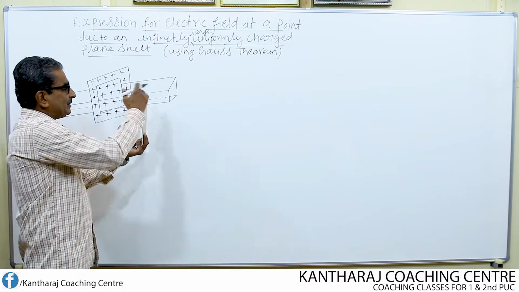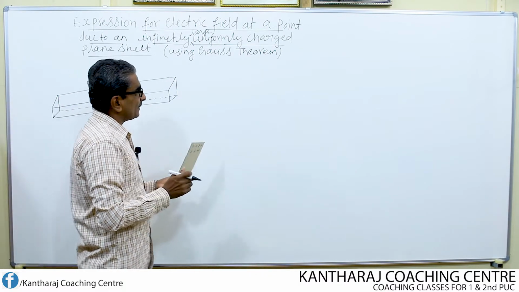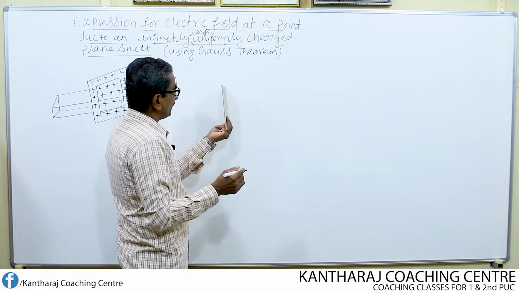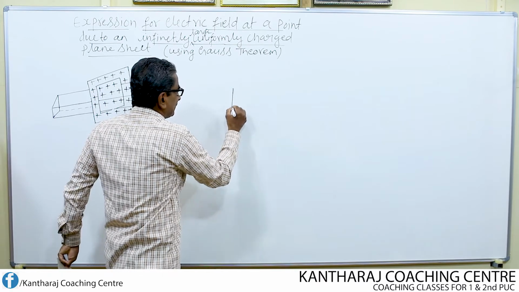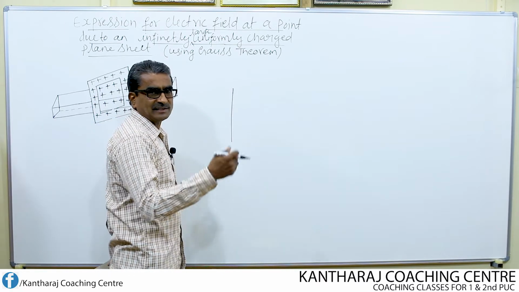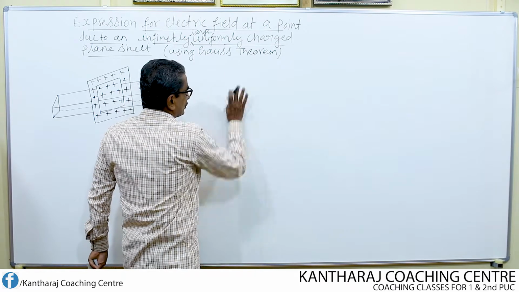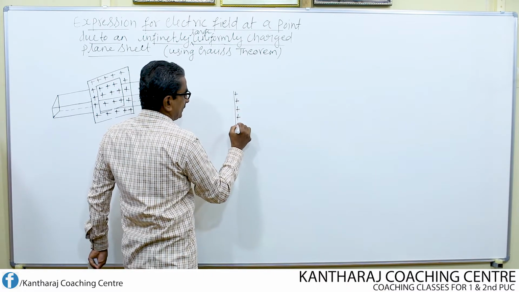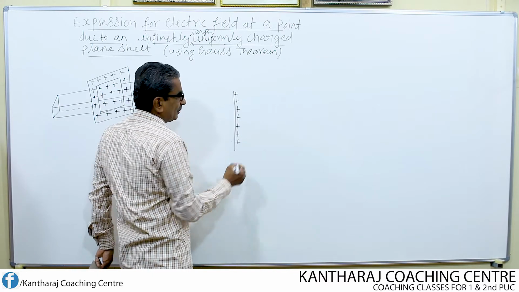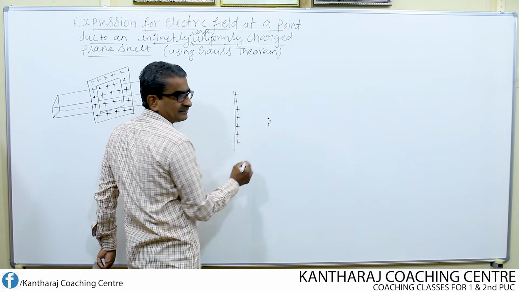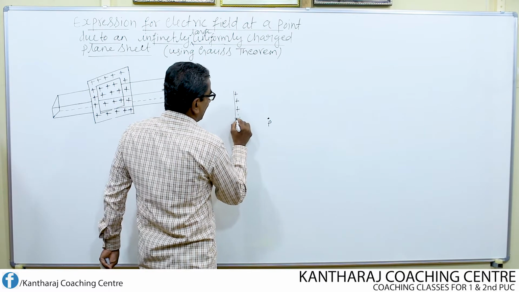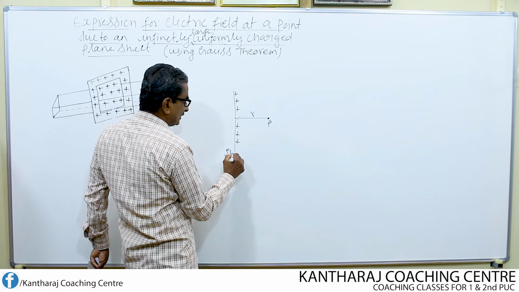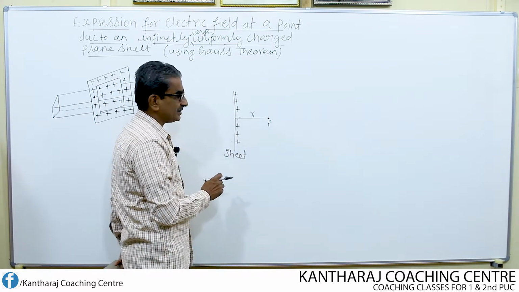The charge gets distributed on either side of the sheet. Here, what is meant by infinitely large? Suppose I consider a sheet like this, let us represent that by a straight line, because it is a side view, and this is charged. Then suppose I choose a point P which is at a distance r from this charged sheet.